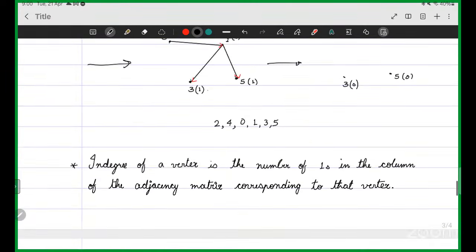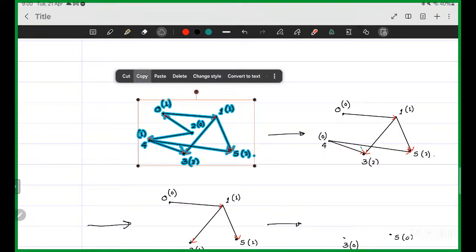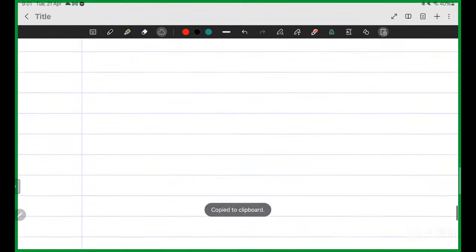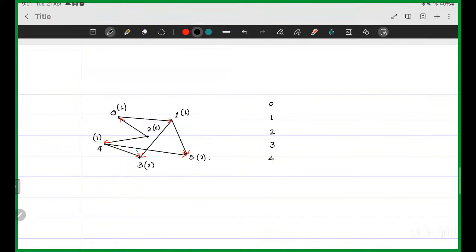Right. So for this, for example, what is the adjacency list? You have 0: 1, 2, 4, 5. This is just 1.